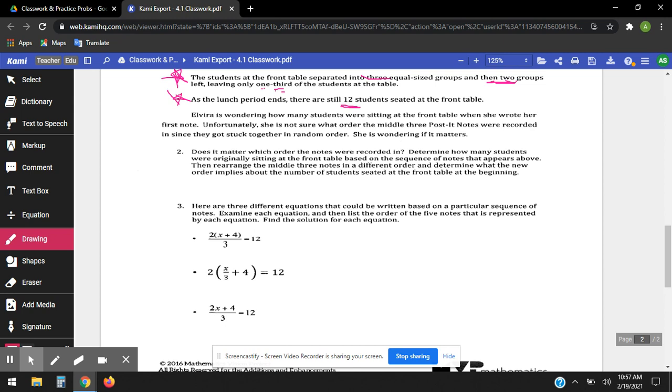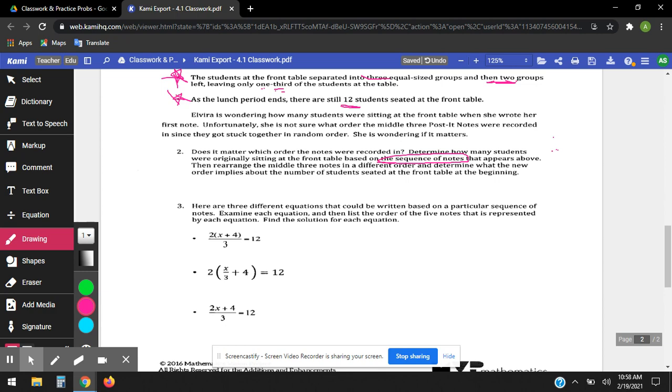So we're going to assume they are in order, what she listed above. Then rearrange the middle three in a different order and determine what a new order implies about the number of students seated at the front table.